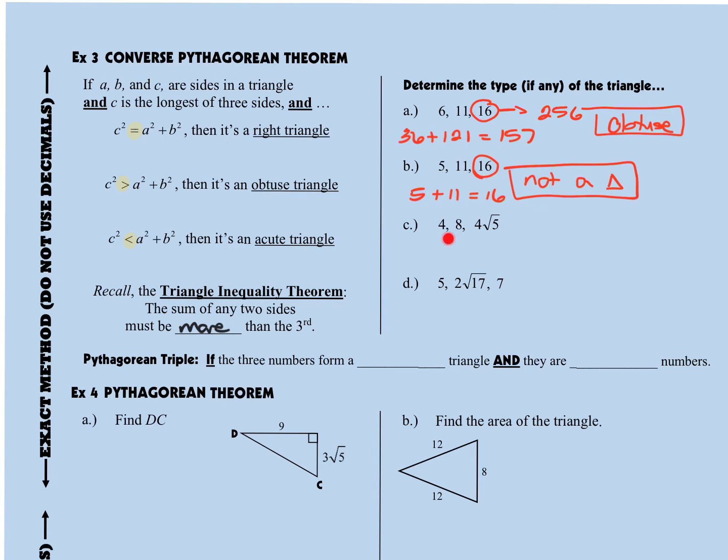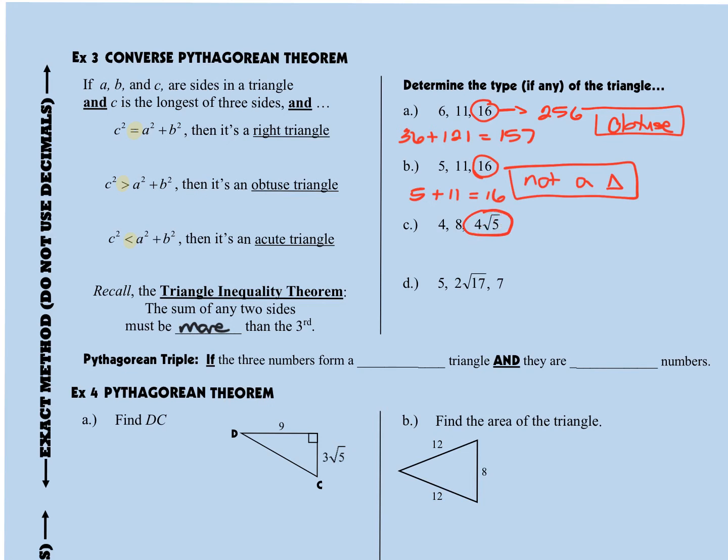The next thing we're going to do is take a peek at this one. Now, sometimes the radicals can be a little bit trickier to figure out which one is the largest. It's not necessarily given to you in order. 4 radical 5 is larger because, of course, square root of 5 is a little bit more than 2, and 4 times 2 is certainly going to be more than 8.